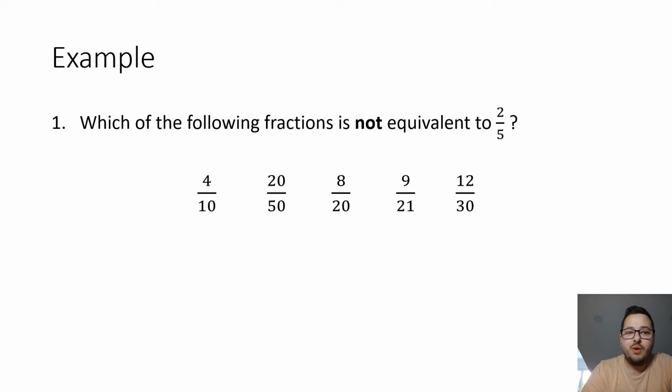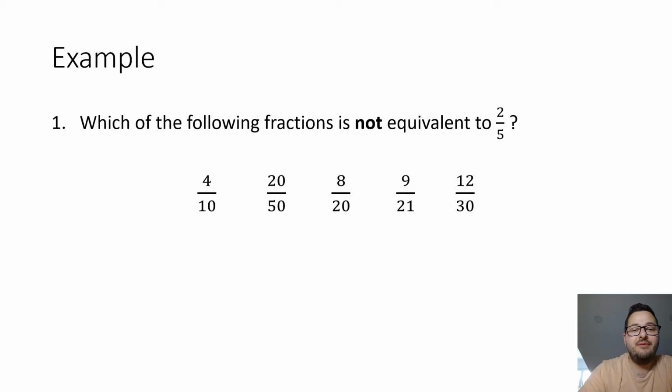Okay, so question number 1 then, an example: which of the following fractions is not equivalent to 2/5? What we want to do here is simplify all these fractions and see which one doesn't end up as 2/5. This first one is 4 out of 10.